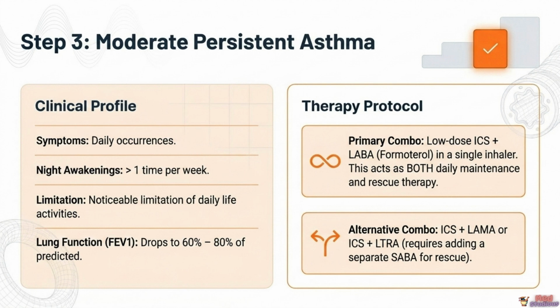Alternative combinations at step 3 include ICS plus LAMA or ICS plus LTRA, but both of these alternatives require a separate SABA inhaler for acute rescue, since neither LAMA nor LTRA provides rapid bronchodilation. Choose your combination based on patient profile and adherence capacity.